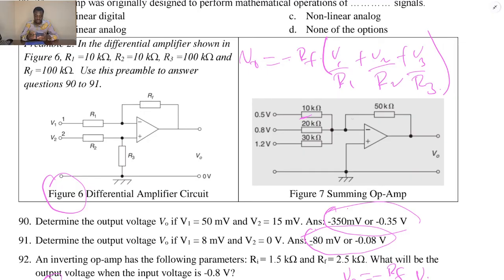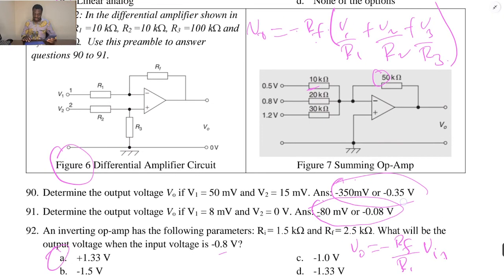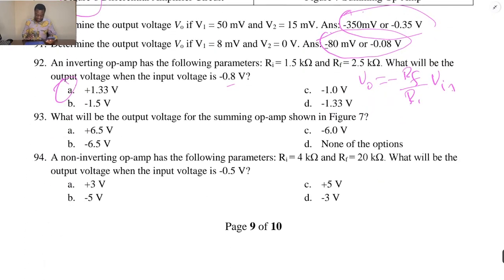So we get 0.13, and remember this is RF, and RF here is 50. So we multiply this times minus 50. You can see here, so you get minus 6.5. So here we have minus 6.5.